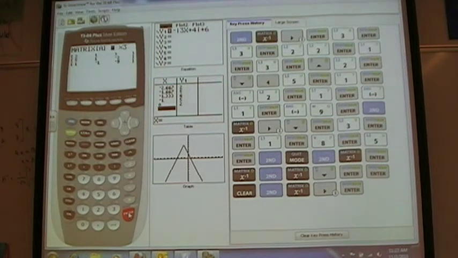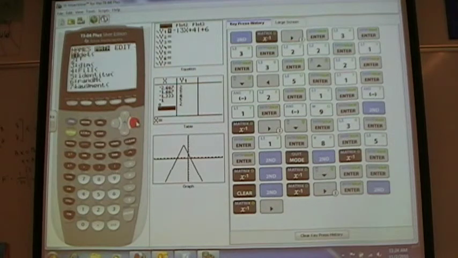Everybody got the first one in? Second one, you would do second matrix, go over to edit, and down to 2, 3 by 1, 1, 8, 5. Everybody got that so far?